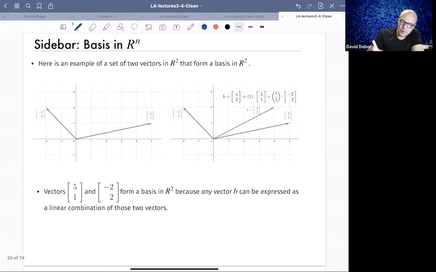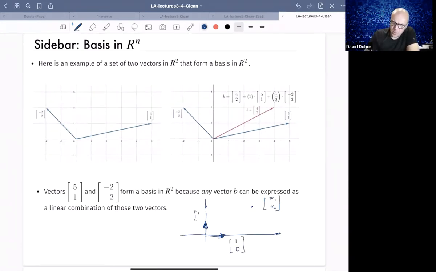So for example, in other courses, like in calculus or in physics, you wrote down what's called a standard basis, so you have these 2 vectors, right? And you could express any vector x1, x2 as a linear combination of these 2 particularly nice vectors. So this one was 1, 0.